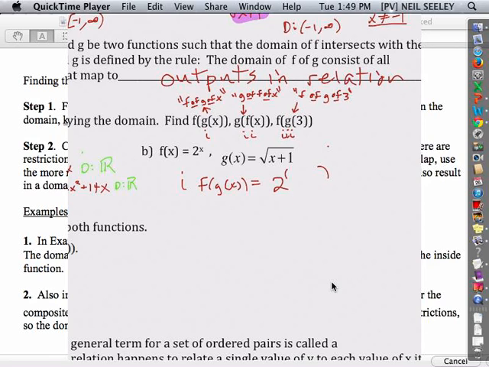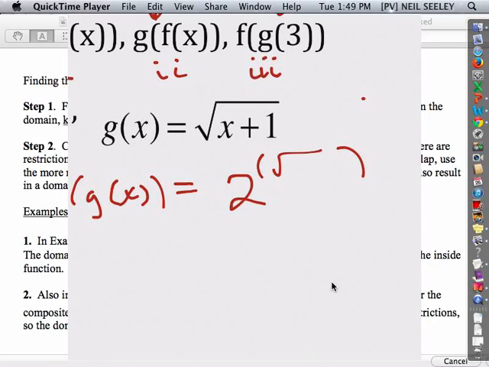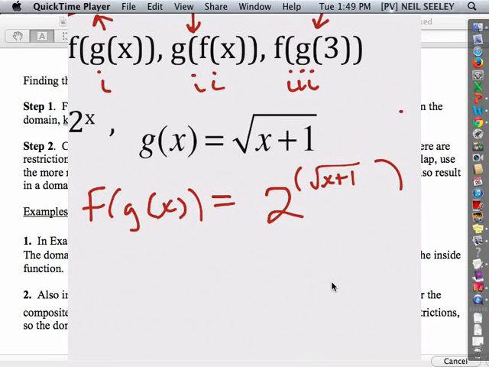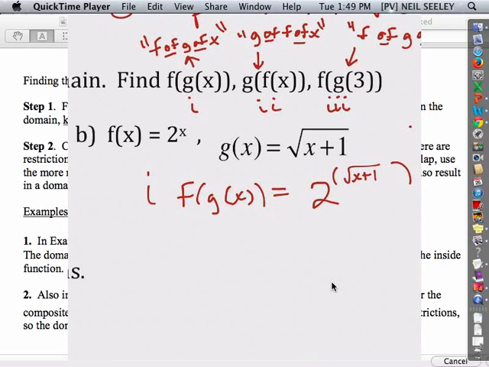And inside that parenthesis, radical x plus 1. Shall I scroll over? Can you see f and g? I'll tell you what I think of g.